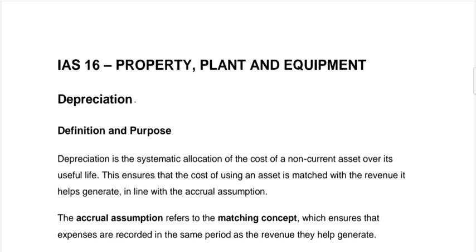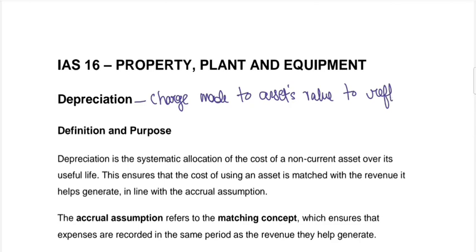Depreciation, in very simple terms, is a charge that is made to an asset's value to reflect its usage over time. That is what depreciation means.